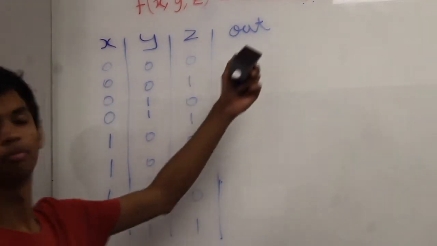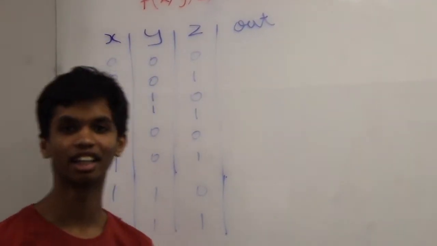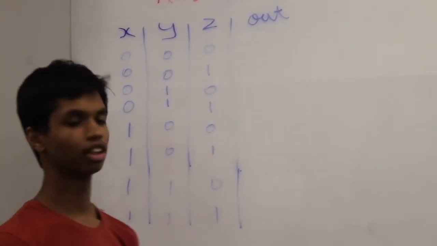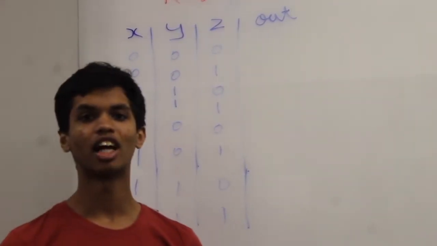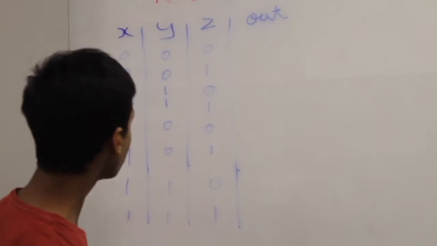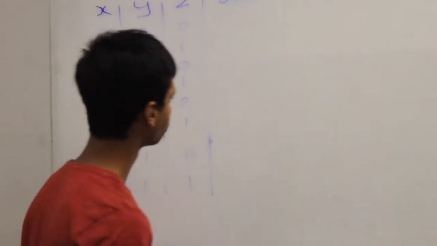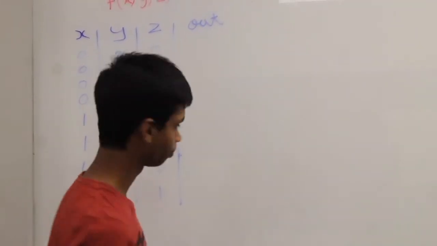So now we have the minterms 2, 3, 6 and 7. Now what we'll do is we'll find the binary value of 2. How can we find the binary value of 2? I'll show you the simplest way.